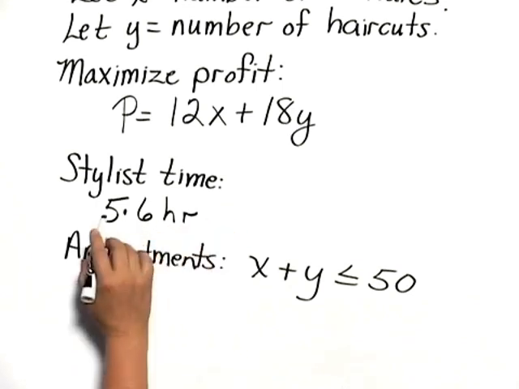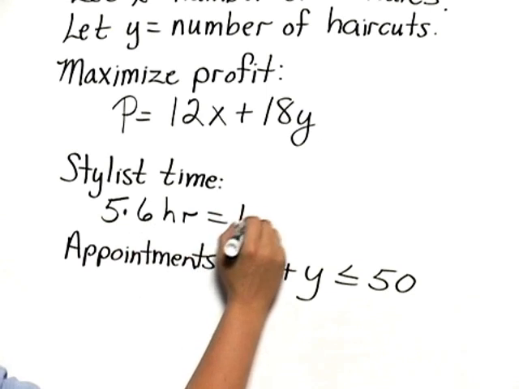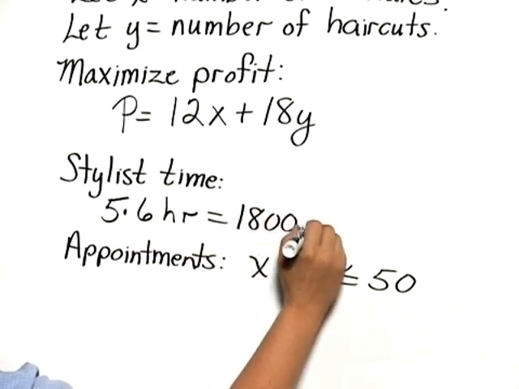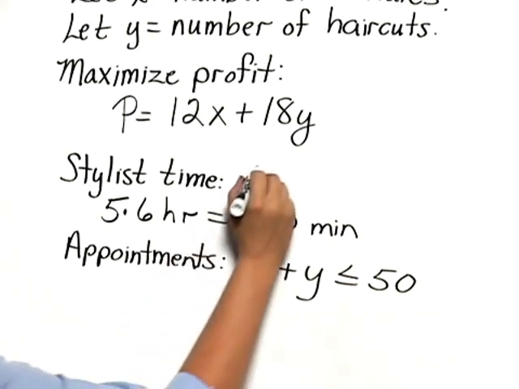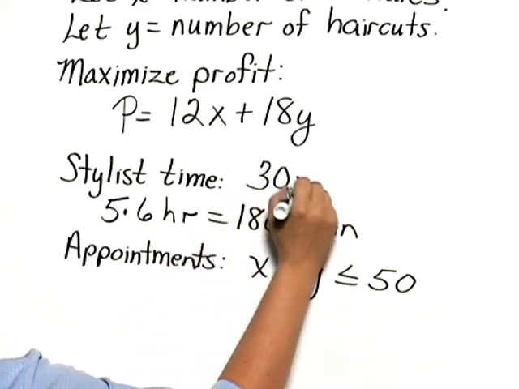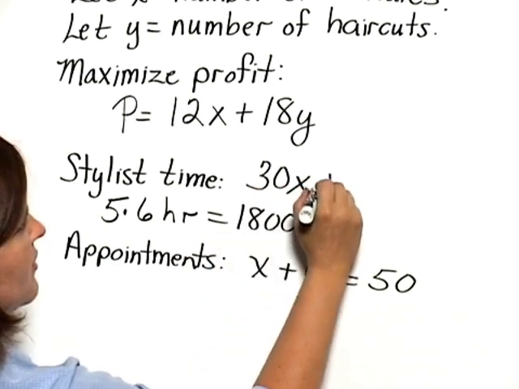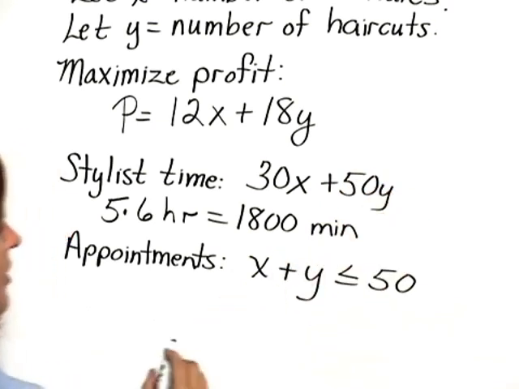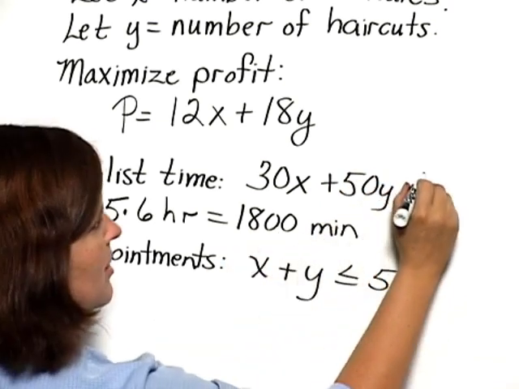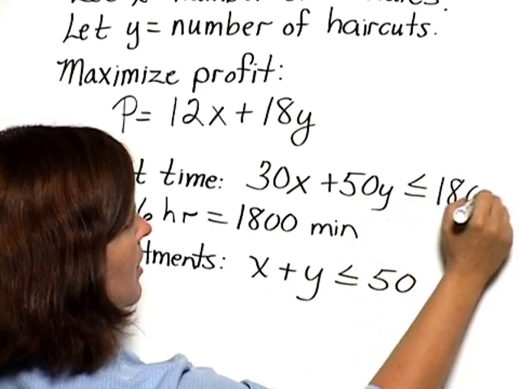So that gives us 5 times 6 times 60, which would be 1,800 minutes. That's the limit of the stylist time. Now each manicure takes 30 minutes, which would be 30x. Each haircut takes 50 minutes, which would give us 50y. And that cannot be greater than the amount of time available, which would mean that this has to be less than or equal to 1,800.